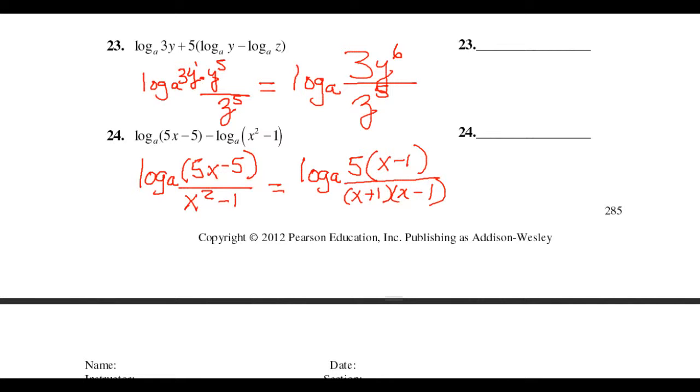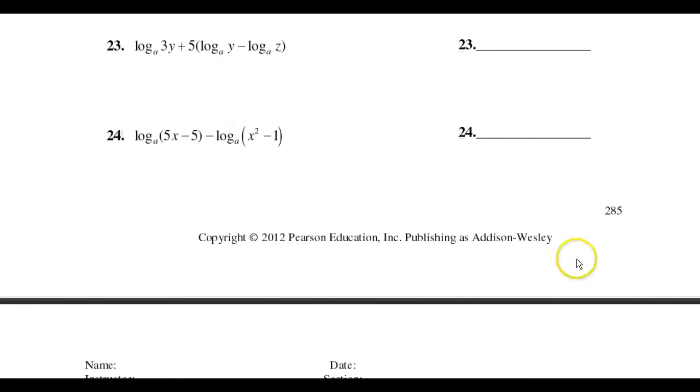And now what we can do is cancel out these common factors. So there's our final answer right here. And that checks with what's in our booklet. Oh, some of these get to be a little challenging.